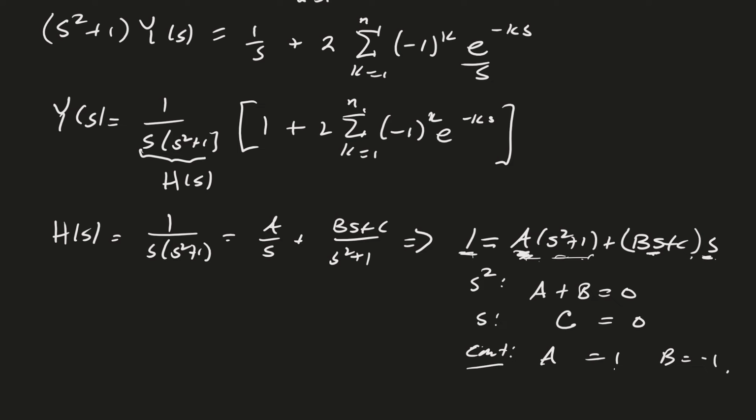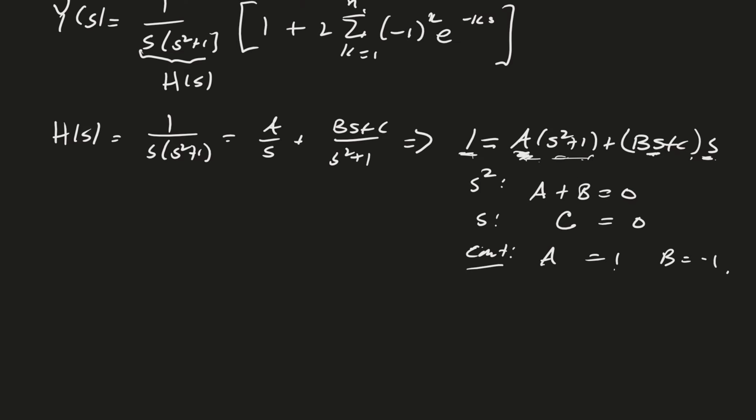And so our h of s is going to be 1 over s minus s over s squared plus 1. So little h of t is going to be 1 minus cosine of t. Good. And so now can you write the solution in terms of little h of t?